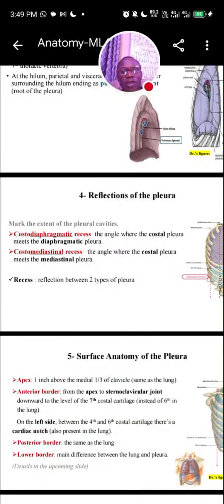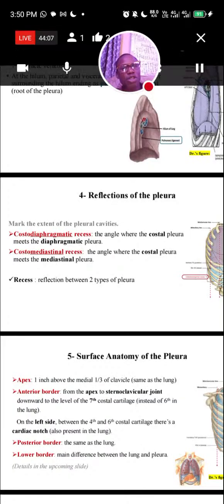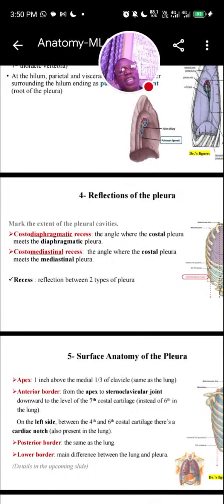Now, there is the costodiaphragmatic recess. A recess is a reflection between two types of pleura. So as you talk about reflection, we're talking about recess.